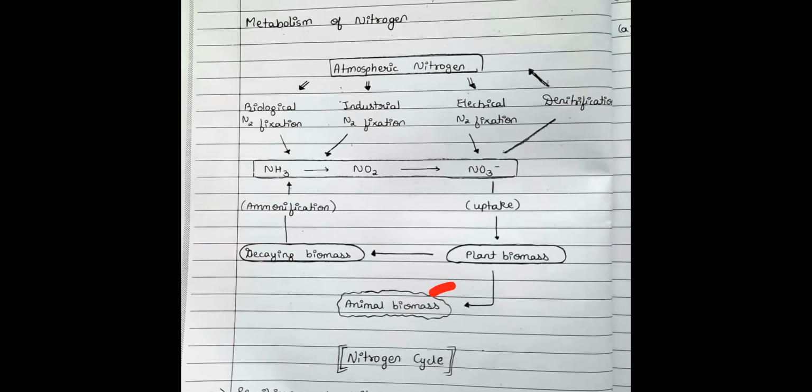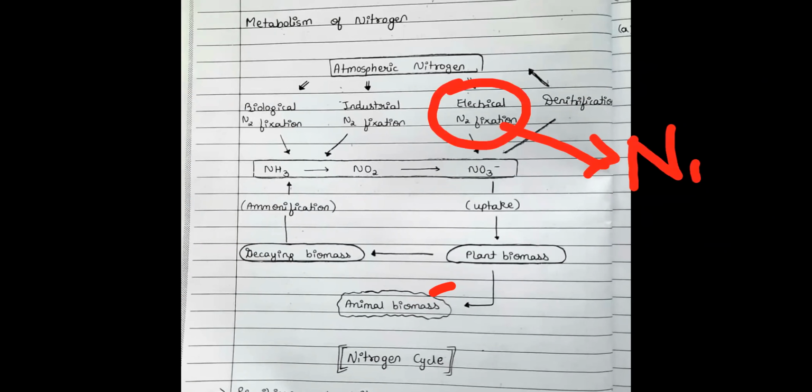Next, in nature, lightning and radiations such as UV rays form what we consider electrical nitrogen fixation. This radiation reacts with diatomic nitrogen in the atmosphere and converts it into nitrate.